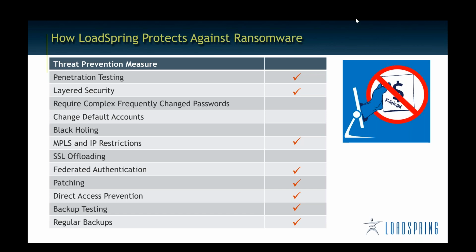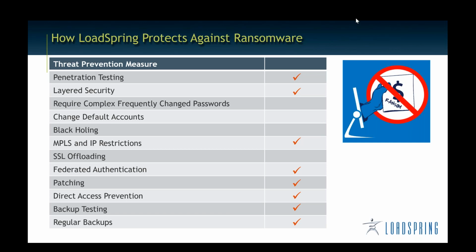So in the event that a web server ever were to be encrypted, it's very quick and easy to roll back to the latest snapshot of that particular server and experience no data loss because no data is stored on those particular servers. Again, the MPLS and IP restrictions protect against these types of attacks by preventing people from accessing those applications that may have that vulnerability in place.